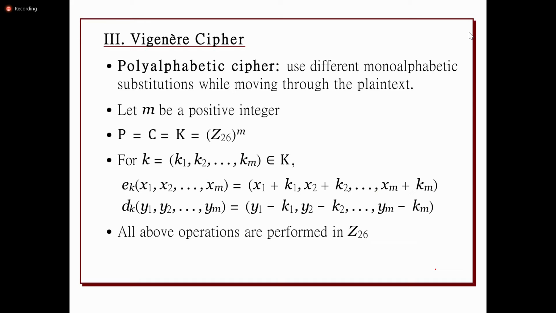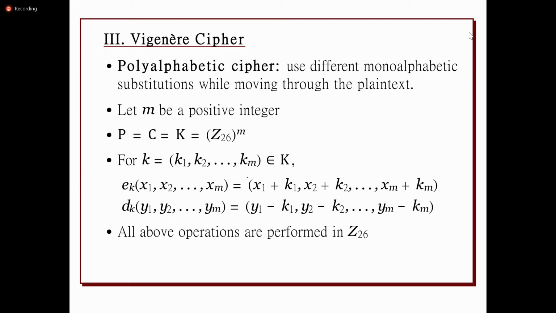And the next type of polyalphabetic cipher is Vigenère cipher. So how will the plain text be converted to the cipher text using this technique? Here, plain text will be divided into blocks.